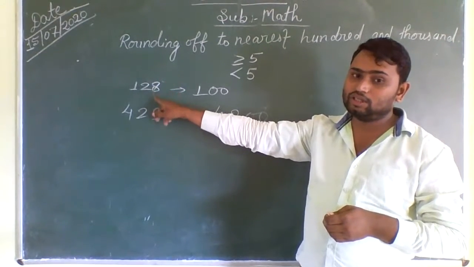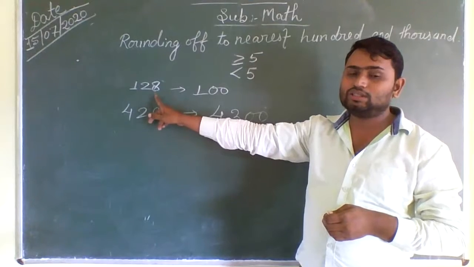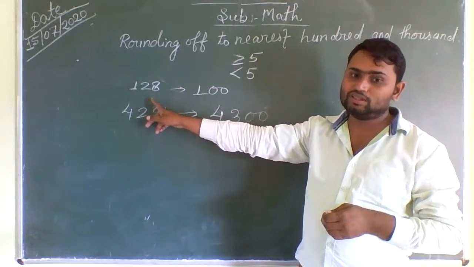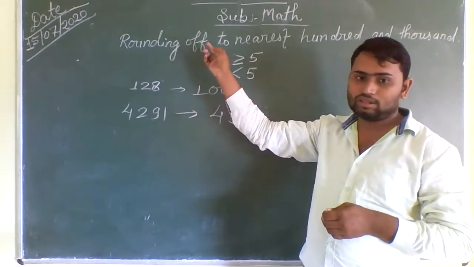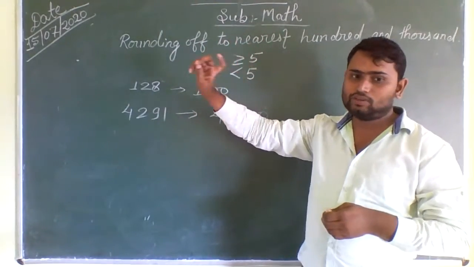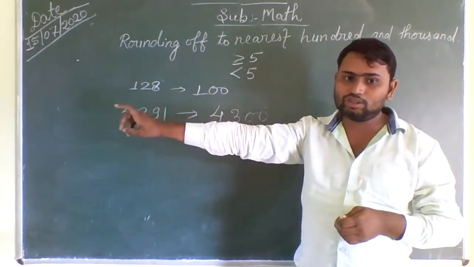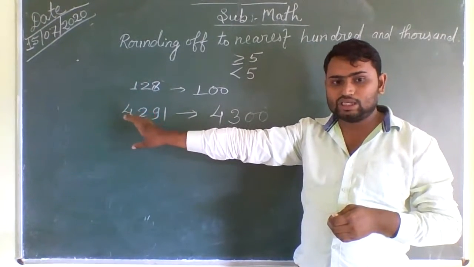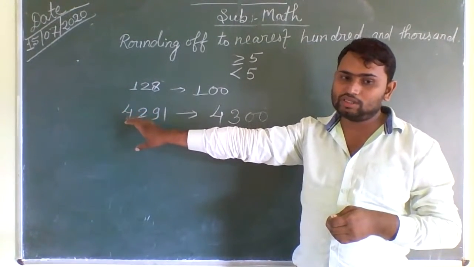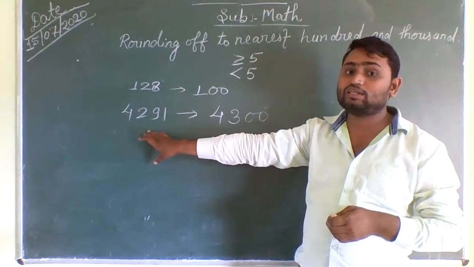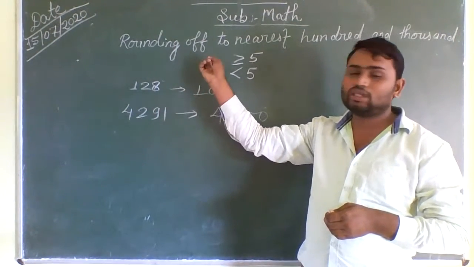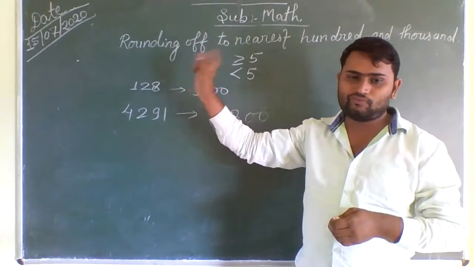To find the nearest hundred, we changed the digit at the hundred place if the digit just behind it is greater than or equal to 5. So to find the nearest thousand, we will change the digit at the thousands place if the digit just behind it is greater than or equal to 5.